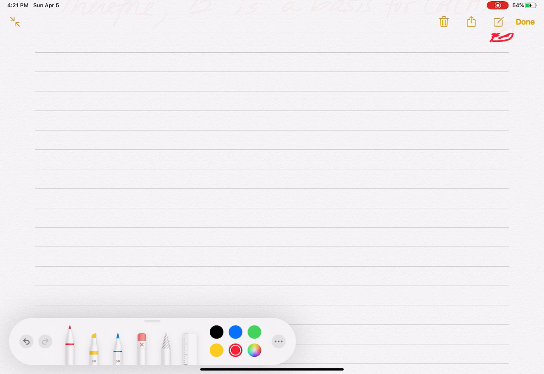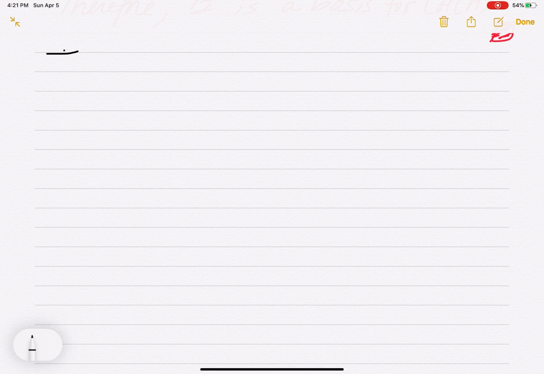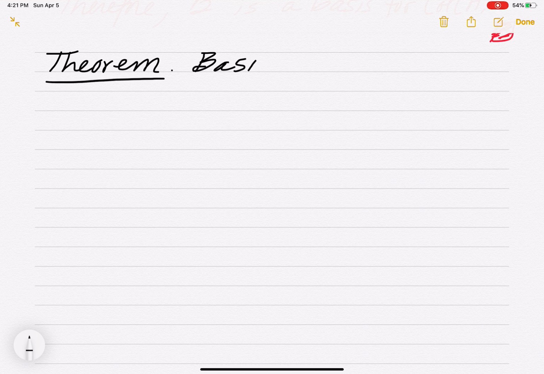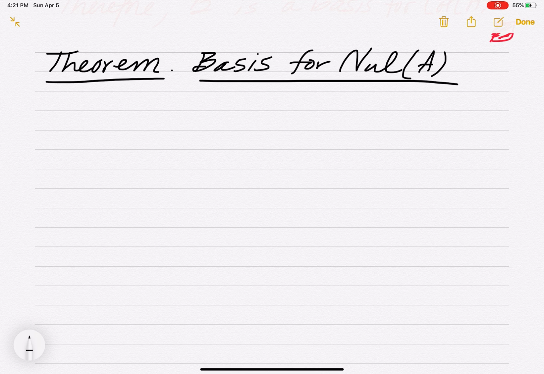So, theorem, not in red, it should be in black, is going to be about a basis for the null space of A. This one we're not going to prove. It's too complex to prove.